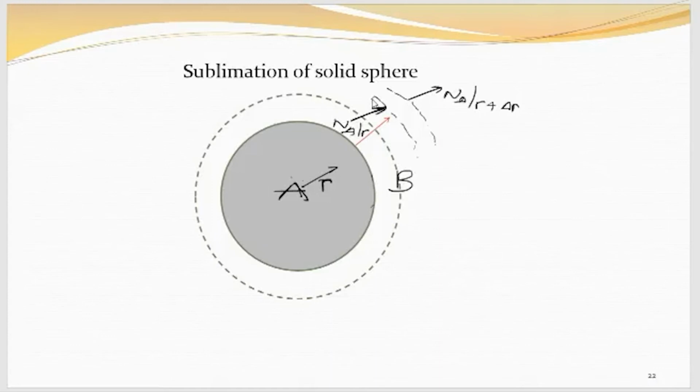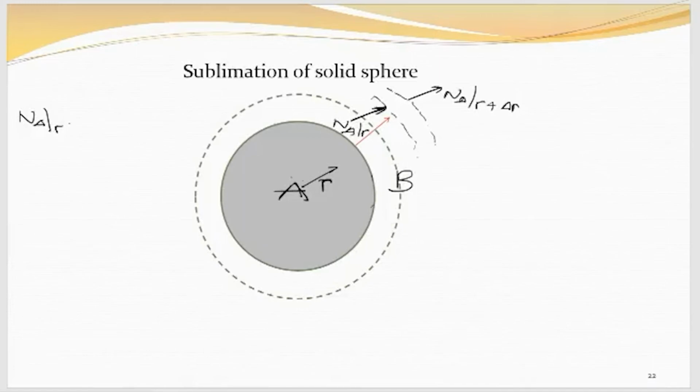Now let's write the mass balance. The mass balance is N_A in at r times the perpendicular cross section. What is the perpendicular cross section for this case?